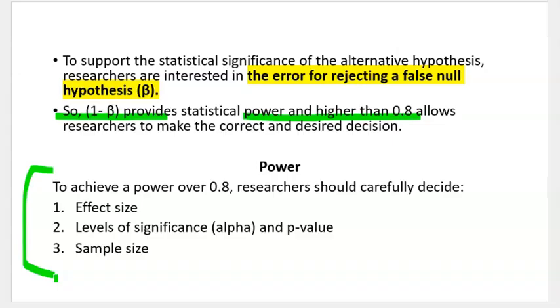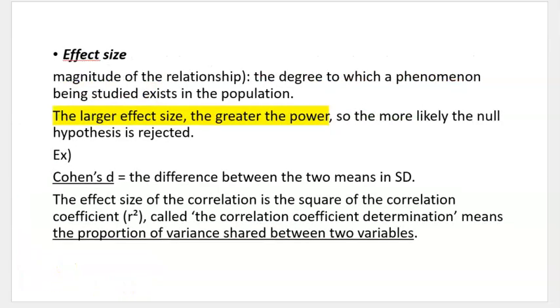It can be less than 0.01. So that is how you can adjust it. And then effect size and sample size should be greater. Always, a greater sample size has more power. That is always true.